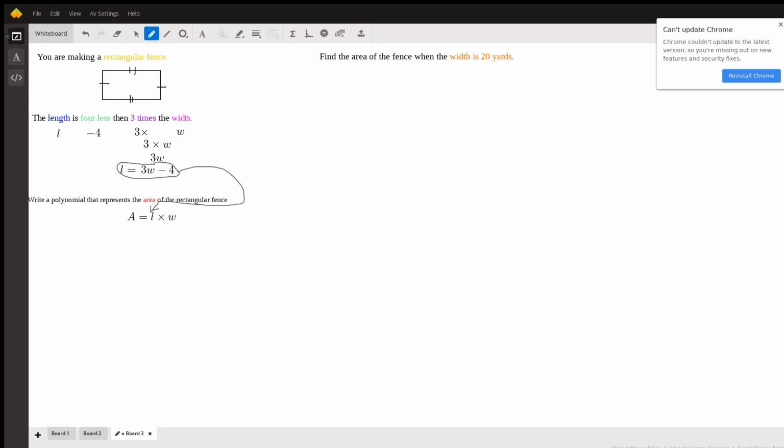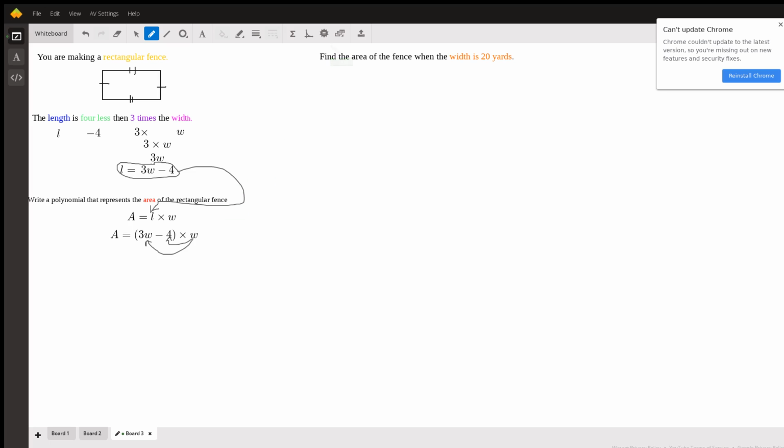times width. We are just simplifying this equation for A. Again, 3W minus 4 times W. Now we have to distribute to both terms in the parentheses here to simplify. So 3W times W gives us 3W squared, and then 4 times W gives us 4W.